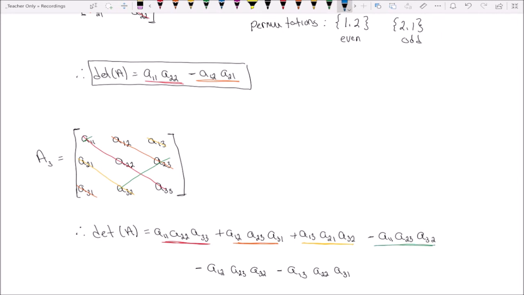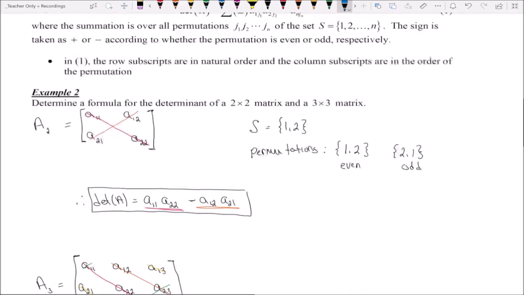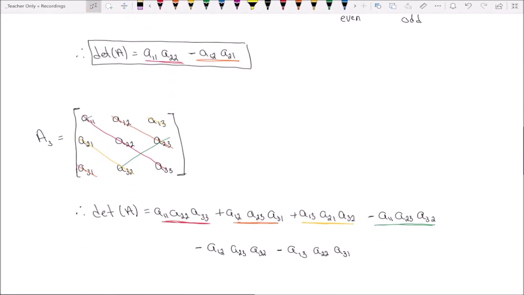That should have been 2, 1, and then 3, 3. My apologies.